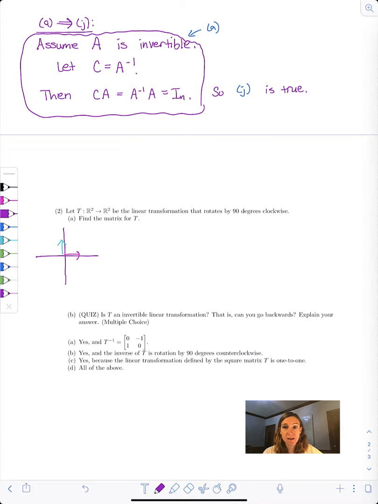And so if our transformation rotates each of these vectors by 90 degrees clockwise, well, it's going to take this pink vector and rotate it to pointing straight down. And similarly, the blue vector is going to rotate 90 degrees, and so now it will be pointing in the direction 1, 0.